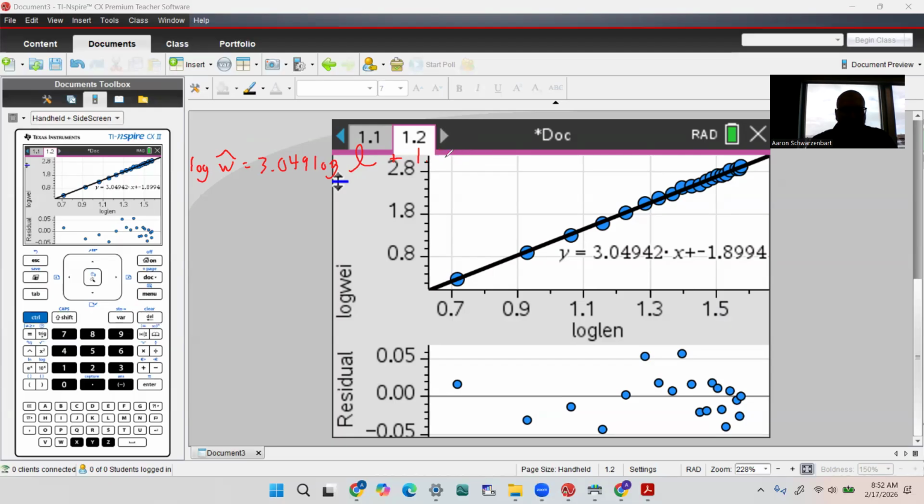You can't read that very well. Is a very good equation.